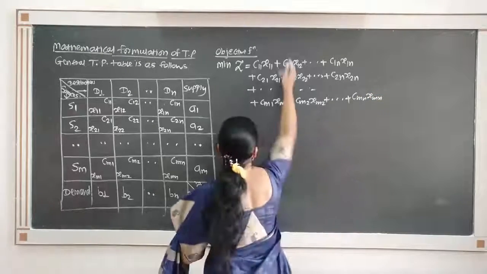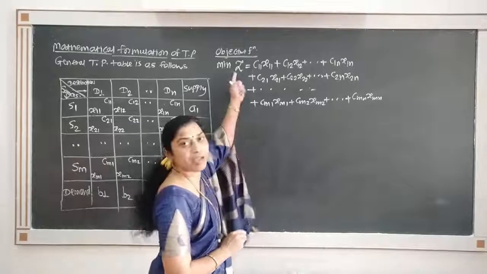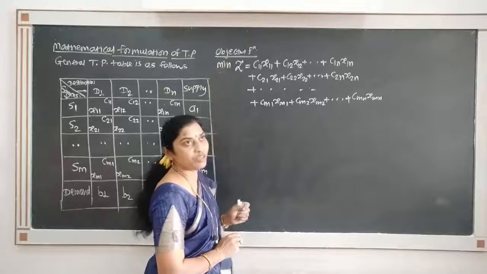So this is the total cost of transportation, and we want to minimize it. So this is our objective function.